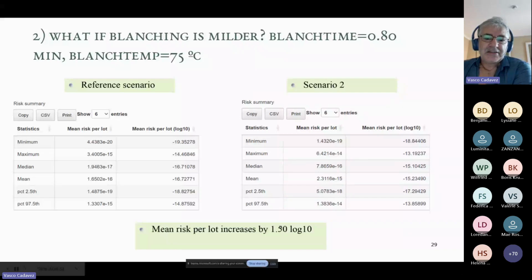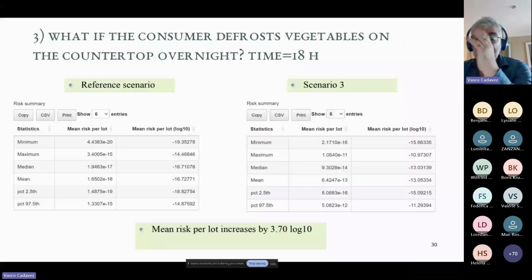So the risk increased 1.5 log 10, so this is a high increase. So the blanching is a very important step to control this Listeria monocytogenes, or the risk, in the frozen vegetables.